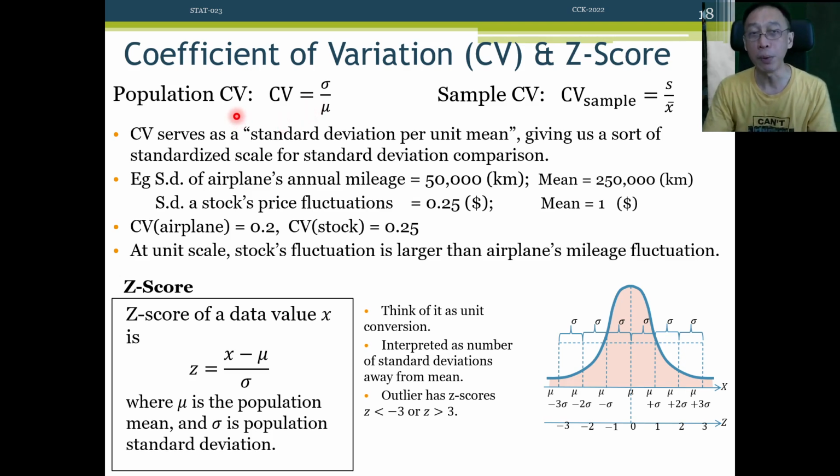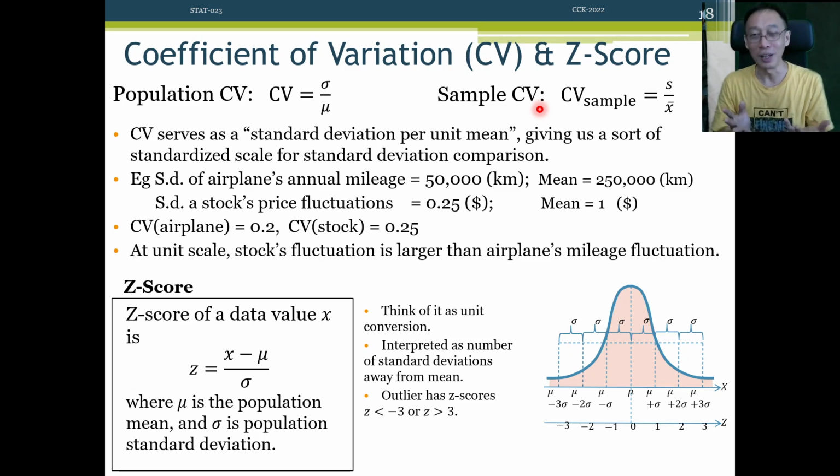So with a population of data, we ask what's the coefficient of variation? And of course, it has to be sigma over mu. All the Greek letters, remember, they refer to population. And likewise, if we have a set of samples, like the class measurements of 10 students, the heights of them, then we ask what is the coefficient of variation? And of course, you might be tempted to say, but do you mean population or sample?